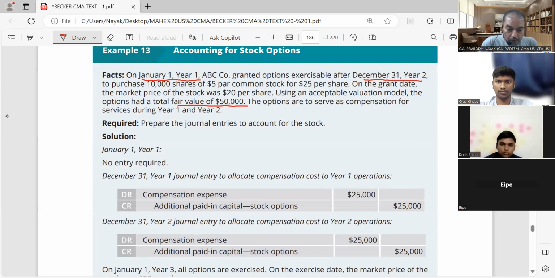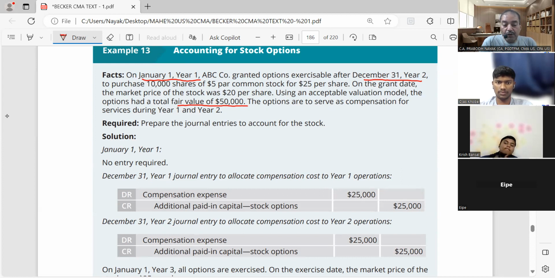Now, what you have to know is that if the employees complete those 2 years and satisfy the condition, then you are going to give them 10,000 shares of $5 par common stock.